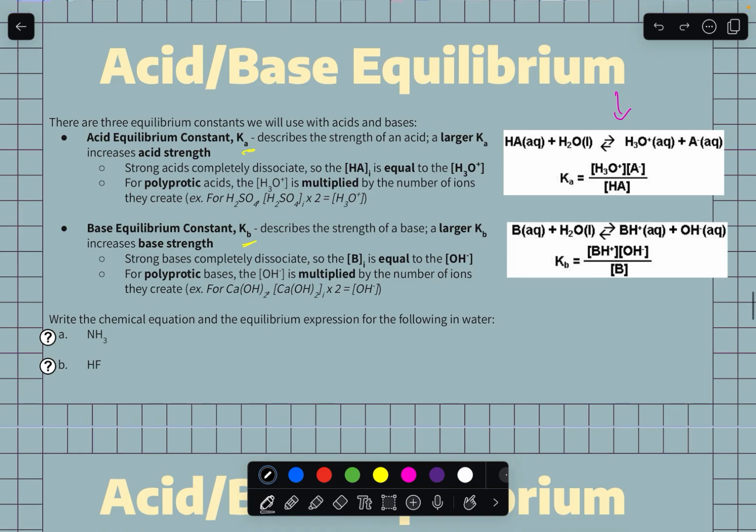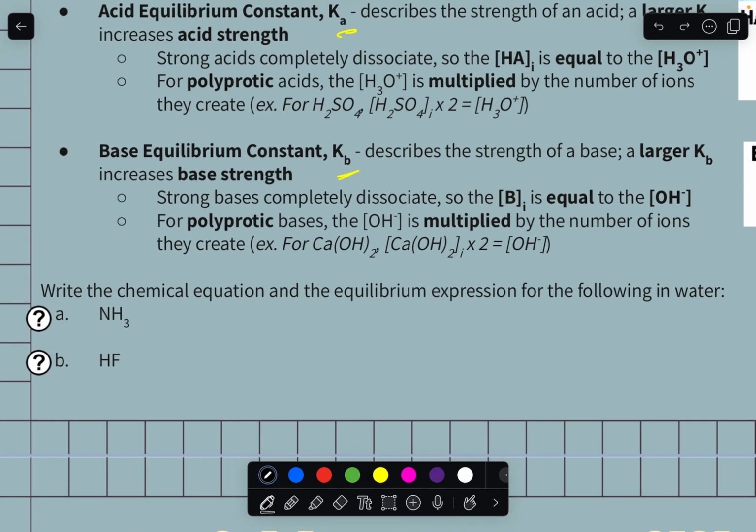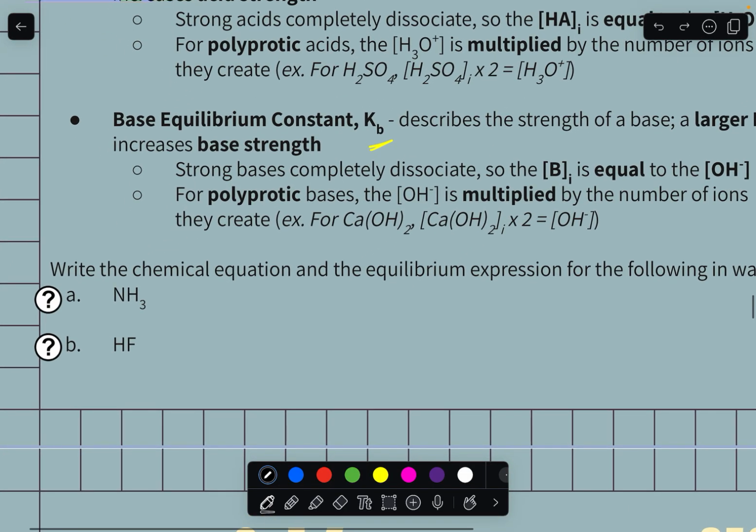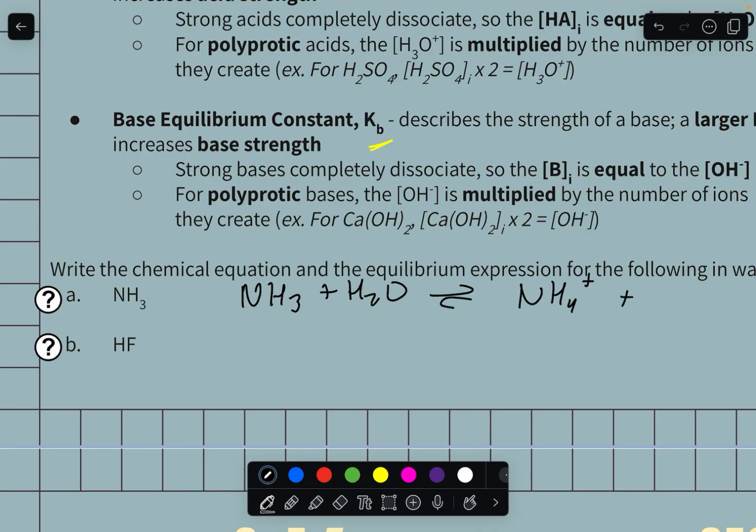So we have equilibrium expressions. Let's write them for these down here. NH3, we need to write the equation first. NH3 is a weak base. So NH3 plus, let's add some water in there, becomes NH4 plus and OH minus.